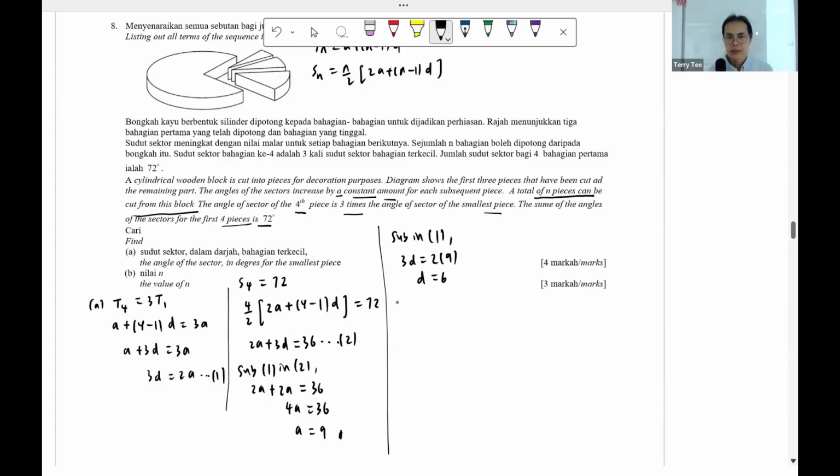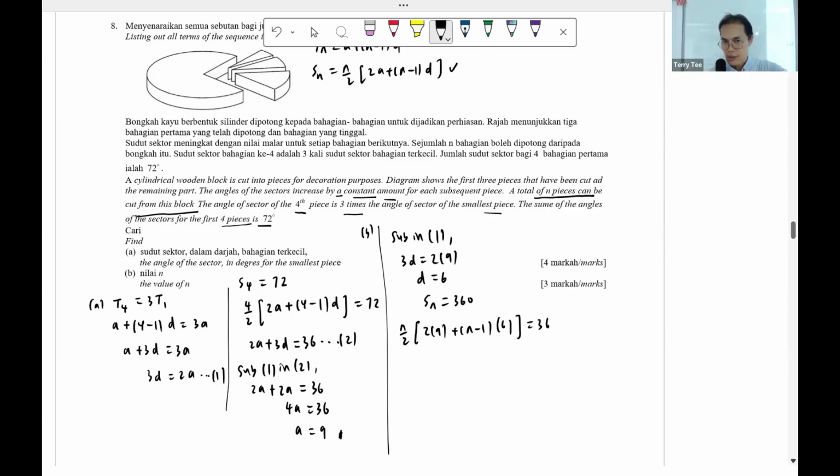All right. Next, part B. Once you know your d, you need to find your Sn. So we begin by writing Sn equals 360. The formula is, use back this one, n over 2, bracket 2a, my a is 9, plus n minus 1 d, d is 6.